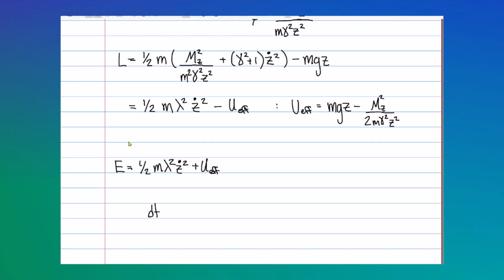And now using conservation of energy, we can write dt in terms of the rest of our expression and dz.